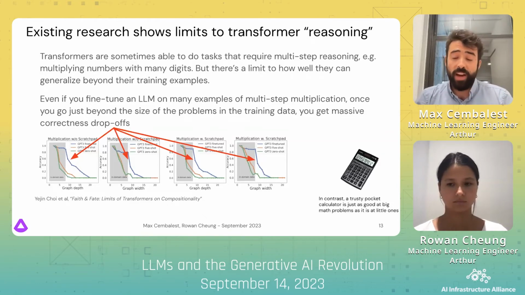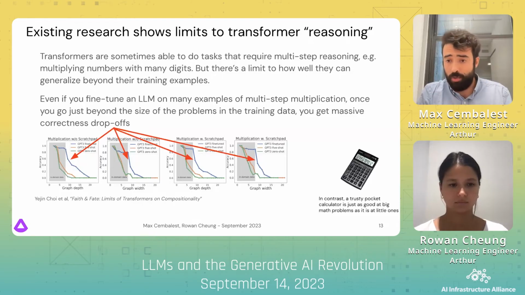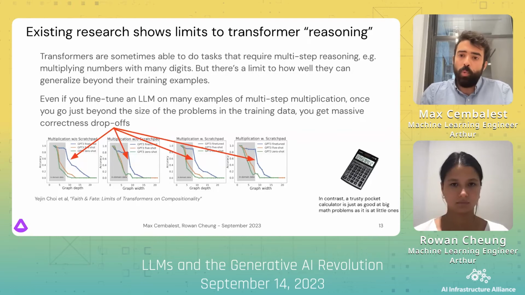And even when fine-tuning a pretty large language model like GPT-3 on many examples of this kind of multiplication, which requires multiple steps, carry the one, things like that, once you show it problems that are just slightly bigger than its training examples, even though they're the same basic kind of problem, you get massive correctness drop-offs.